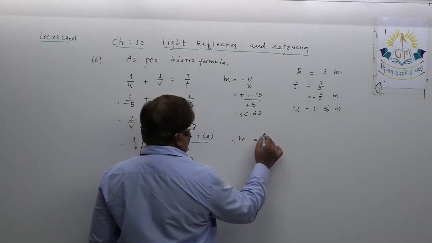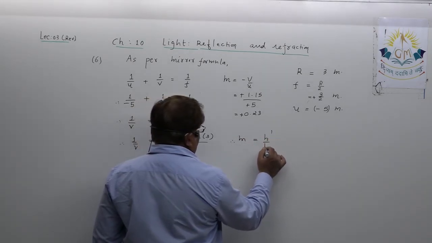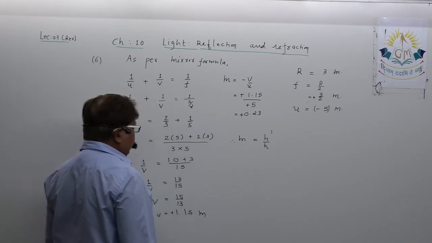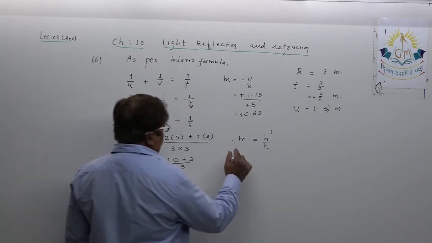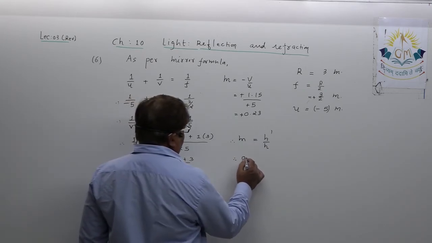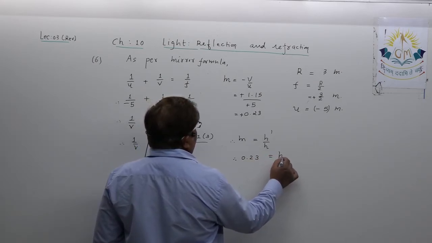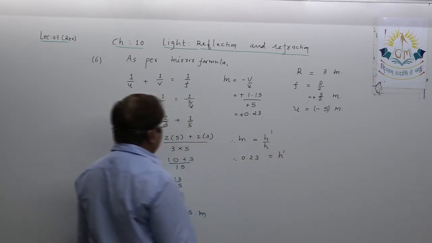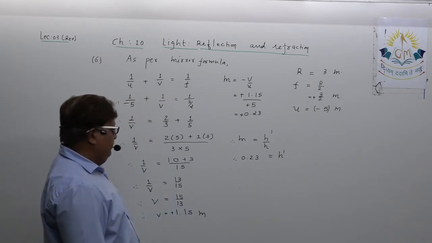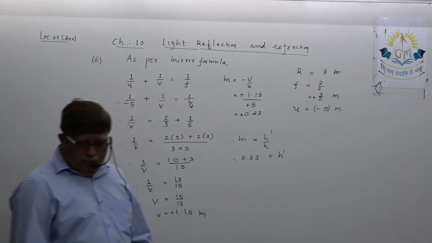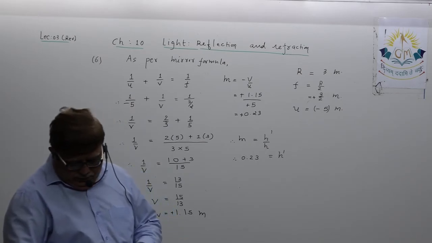M equals h dash upon h. What is M? 0.23 h dash. Okay. Height of the image, nature and size.